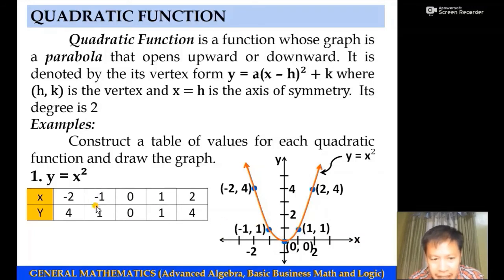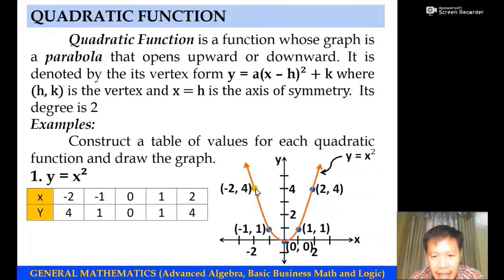Okay, you have already sketched the 3 points, the vertex and the first pair of symmetric points. So we will proceed here. If x is equal to negative 2, then y is equal to 4. 1, 2, 3, 4. Therefore, the coordinates of this point are negative 2 and 4.